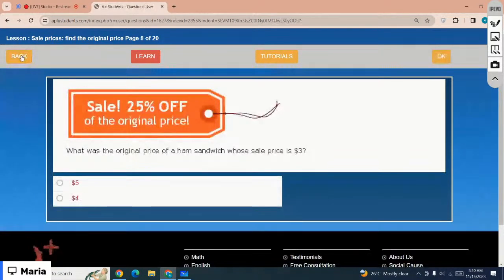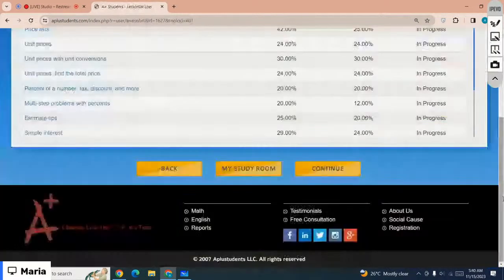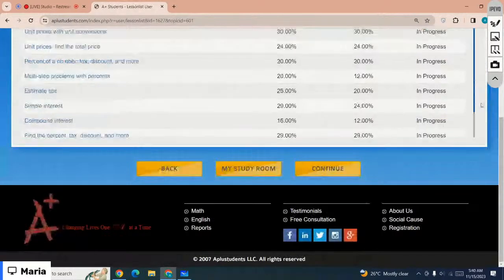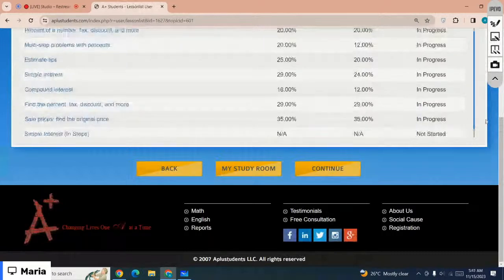The lessons we have covered today are compound interest, find the tax, find the percent tax discount and more, and sale price, find the original price. And this simple interest you can do on your own. That's the lesson we did in the last session, right?